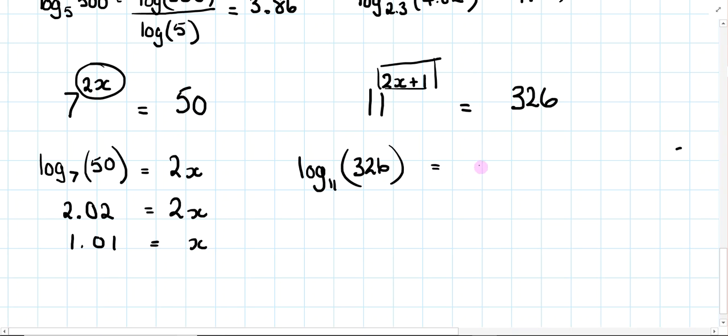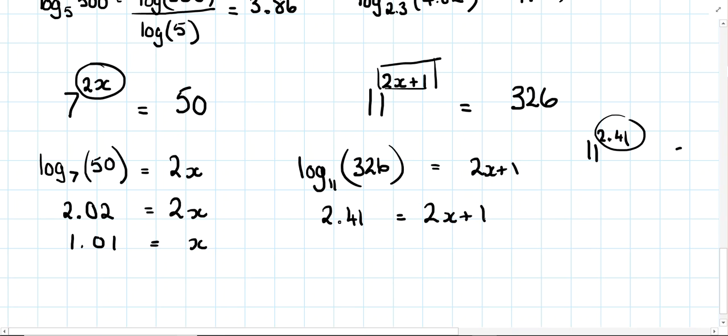What's the power? 2x plus 1 is the power. We've evaluated this and got an answer of 2.41. That's that whole thing. So I know the power is 11 to the power of 2.41, so that must be the same as 2x plus 1. So I've got 2.41 must equal 2x plus 1.